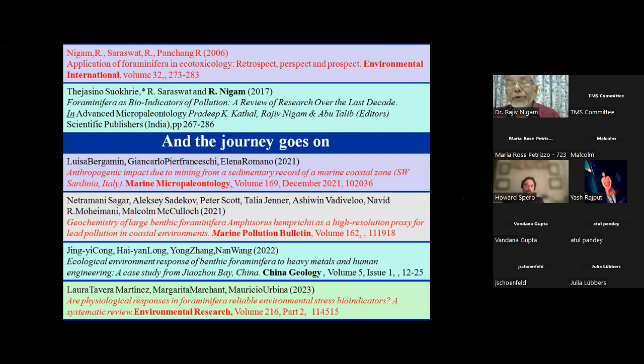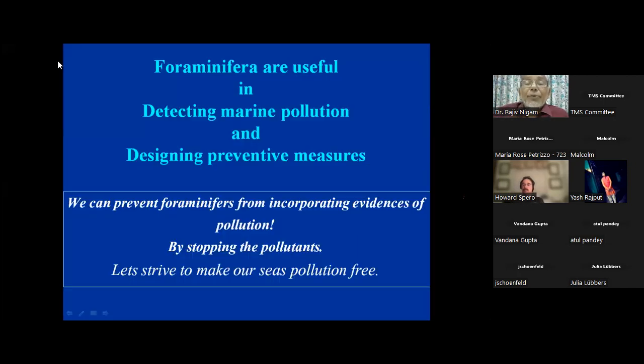And this will be another good application for the commercial purpose, which will also provide good funding for foraminiferal research. So in a nutshell, we can say that foraminifera are helpful in detecting marine pollution and designing preventive measures. We can prevent foraminifera from incorporating evidence of pollution by stopping the pollutants.